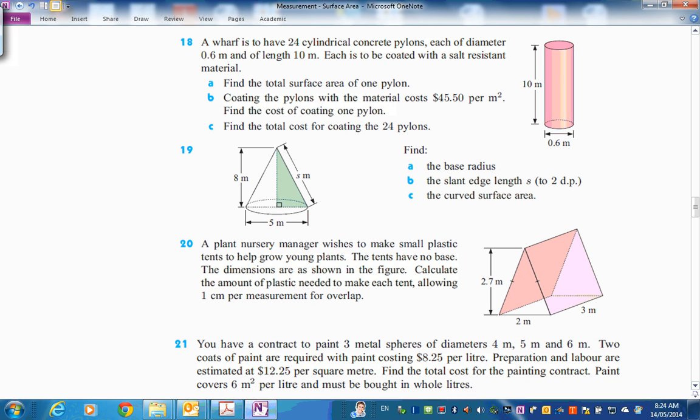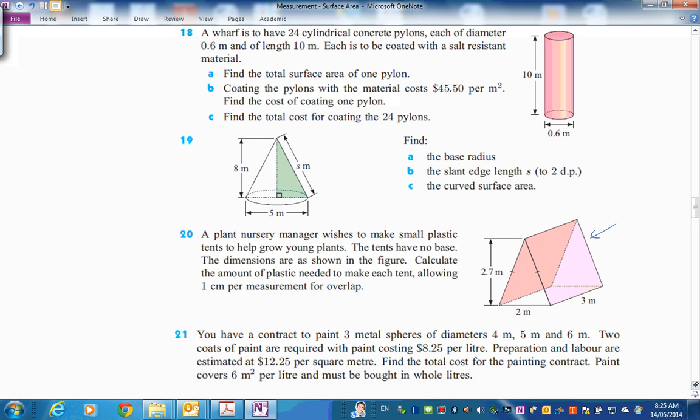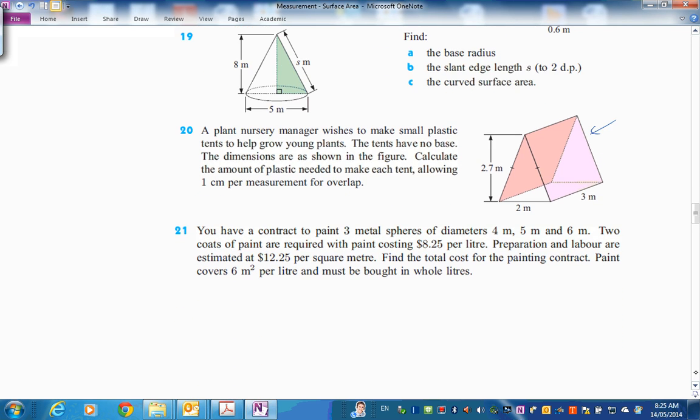Interesting shapes. Glass houses or growing tents to put seedlings and things in. Good practical application. And 21. Have a go and start to think about how useful and important this is. And I'll show you the answers.